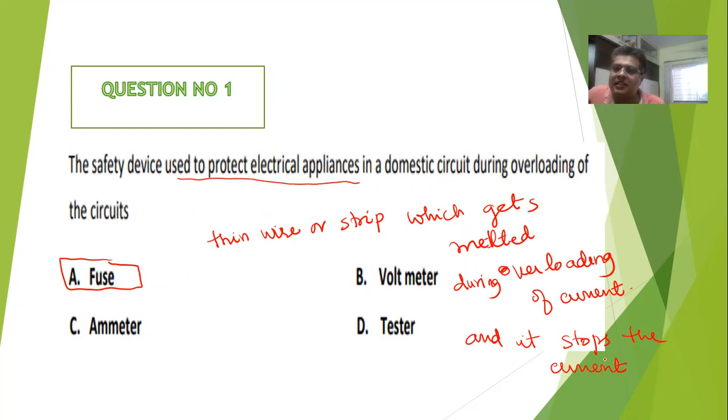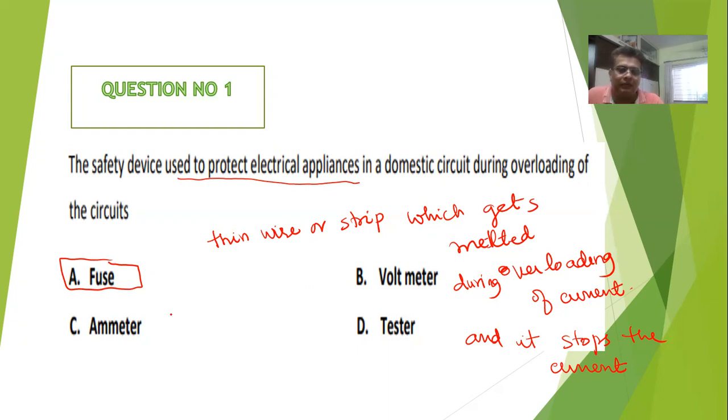Therefore, fuse is a thin wire or a small metallic strip, remember, which will always be melted when there is an overloading of the current, or the current is too much, and that's how it protects the electric appliances. So that is the idea.